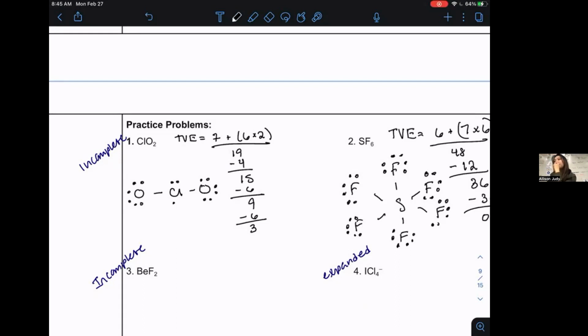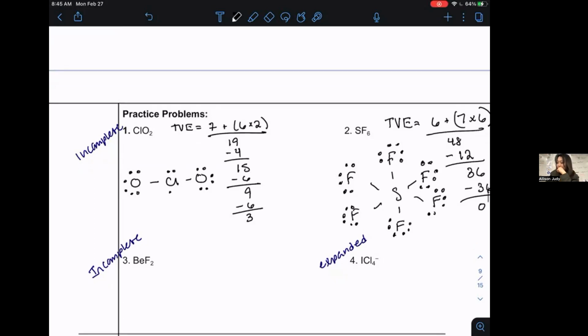They never make double and triple bonds. And chlorine is a halogen, column 17. It does not ever want to make a double or triple bond. So we know that for chlorine, it would rather be 1 under than 1 over to avoid making a double or triple bond. Okay.